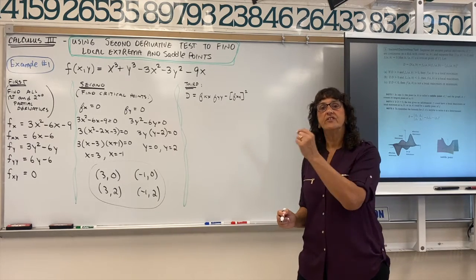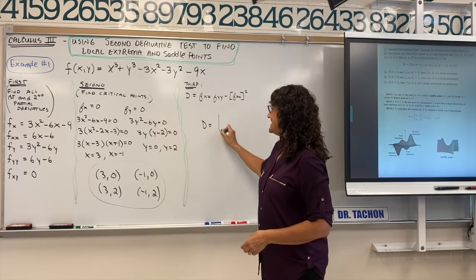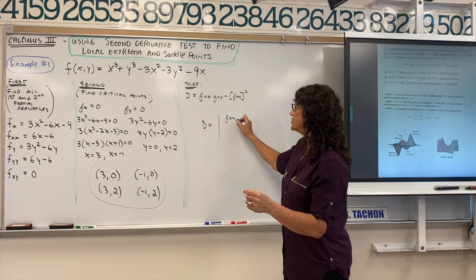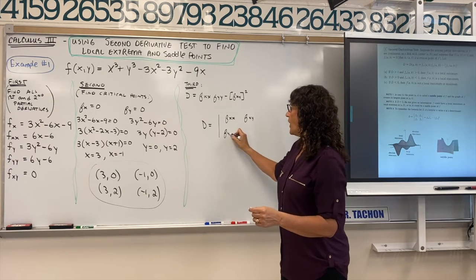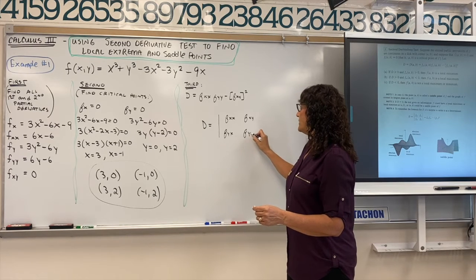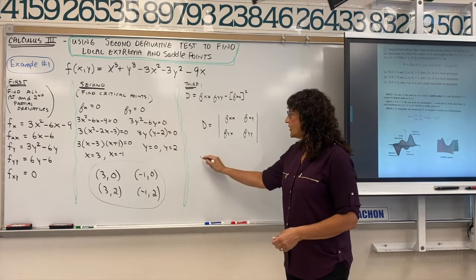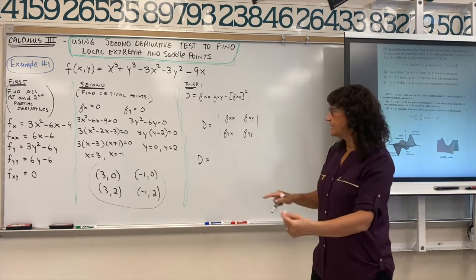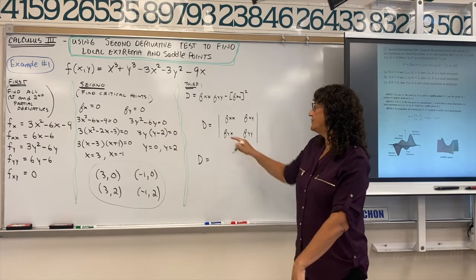Now where does this D equation come from? This D equation is the determinant of your second partials, right? So if I take the second partial with respect to x then x, then x then y, and then y then x, and then y then y. Okay, so this is determinant notation. If you actually computed the determinant, remember you take this times this minus this times this, okay?